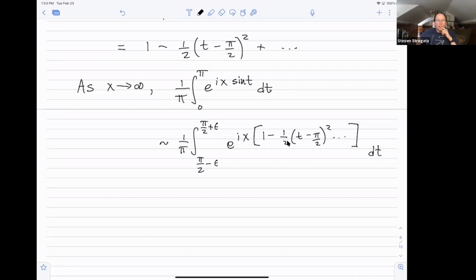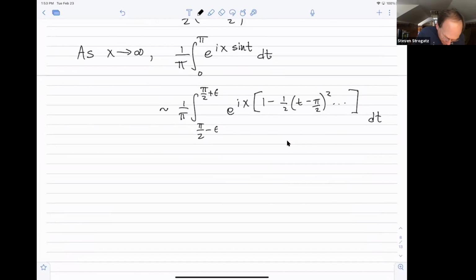Now that's looking a little bit messy, so let me just clean it up a little bit. Let me take out the constants, 1 over pi. There's an e to the ix that doesn't depend on the t.